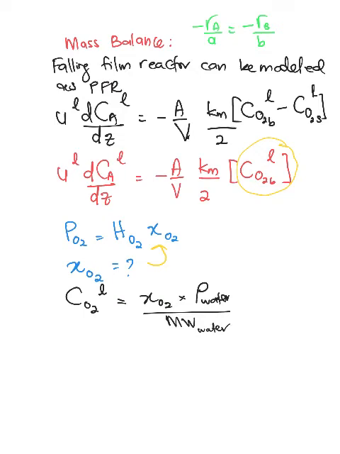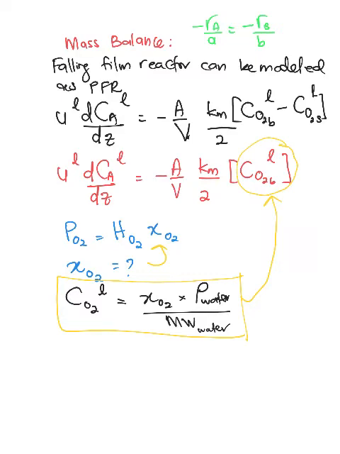Then you will get the concentration of oxygen in the liquid phase. So this value is CO2 in the liquid phase in the bulk fluid. Okay, next, A over V.